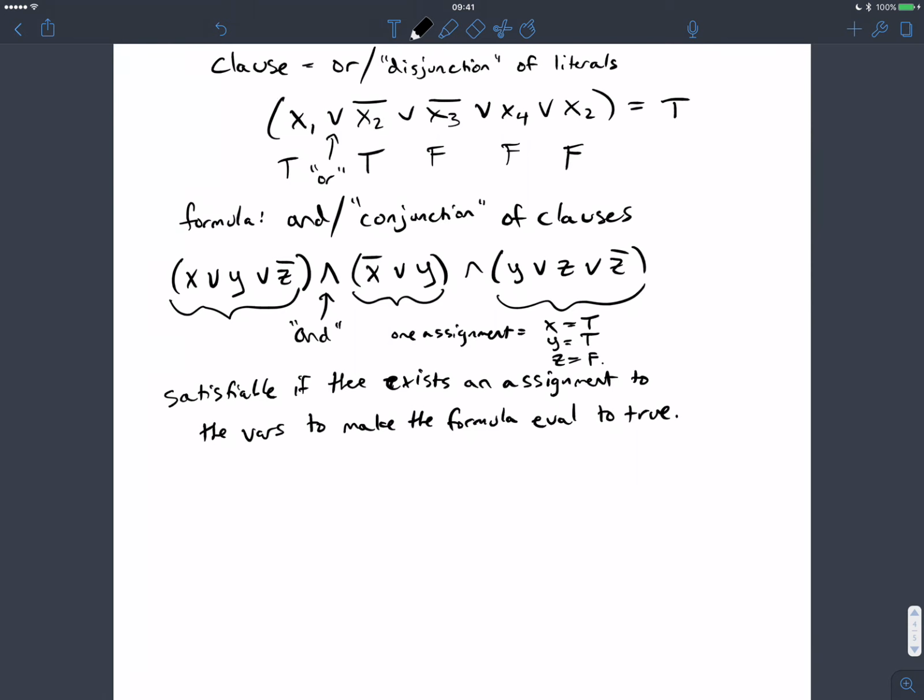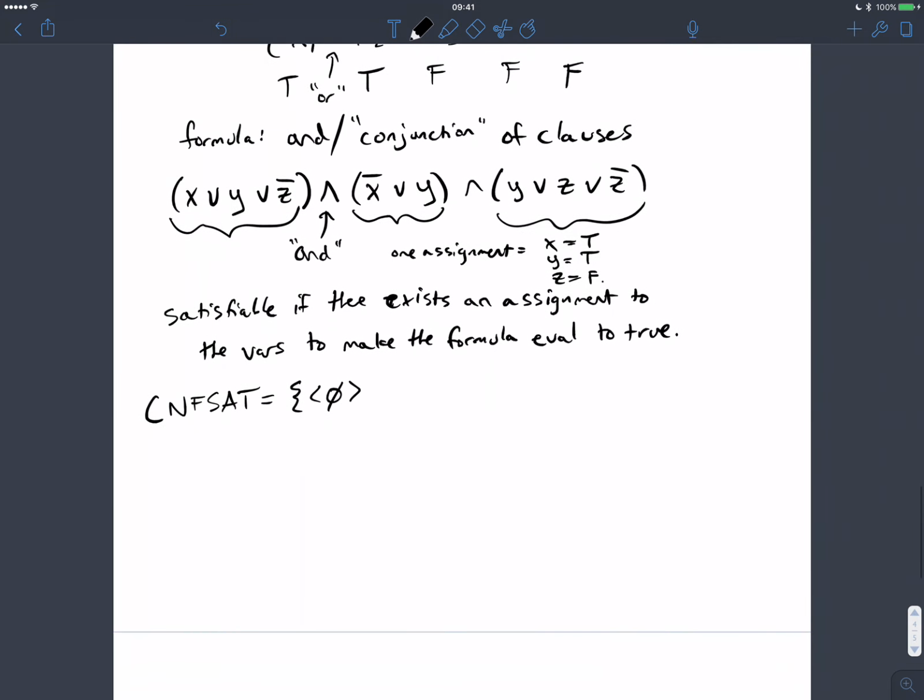And actually one more definition. Just the definition of the language. So we define CNF-SAT to be all of the formulas, so we're going to call it phi here, such that phi is a Boolean CNF formula that is satisfiable.